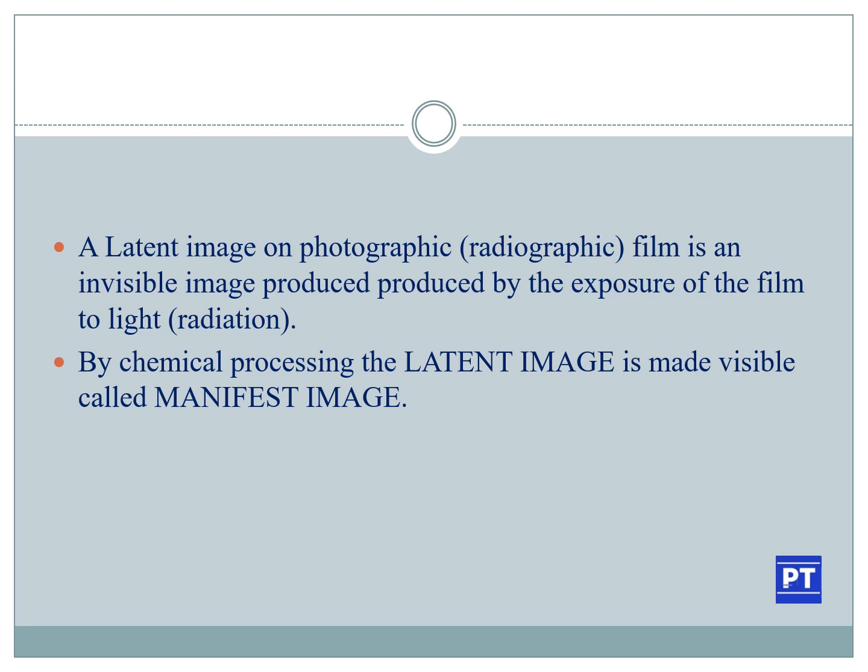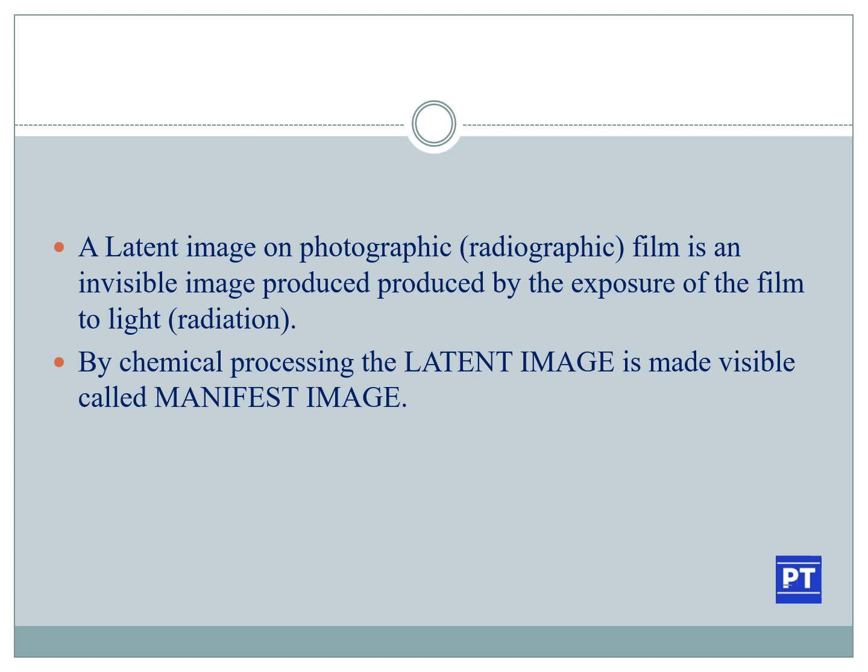A latent image on photographic or radiographic film is an invisible image produced by the exposure of the film to radiation, that means light. The light is coming from the intensifying screen, which we will discuss in the next topic.